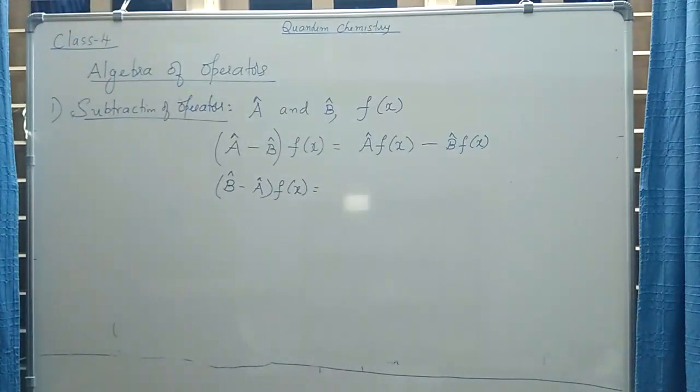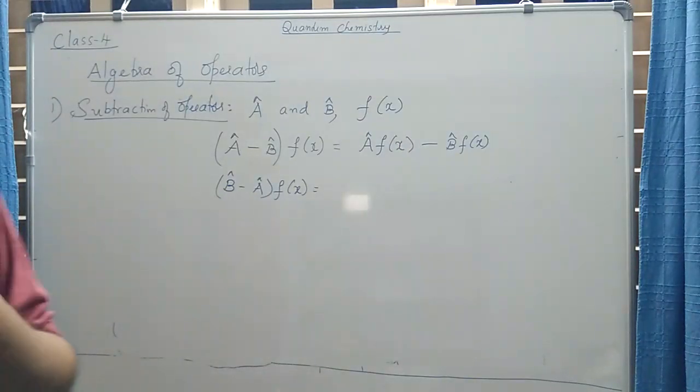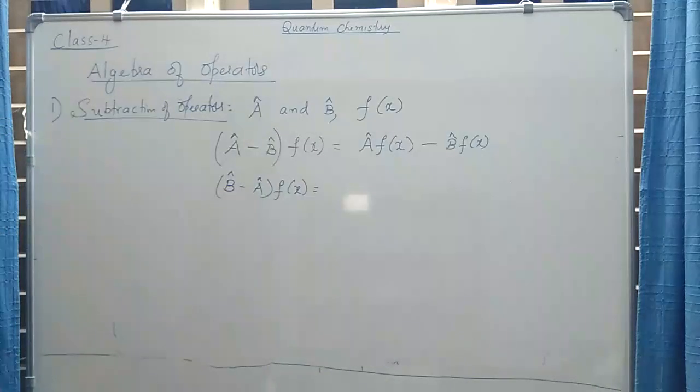Remember, when you are adding numbers or operators, the order in which you are adding is not important. For example, 2 plus 5 and 5 plus 2 both give the same result. But in subtraction, the order of writing the numbers is very important.